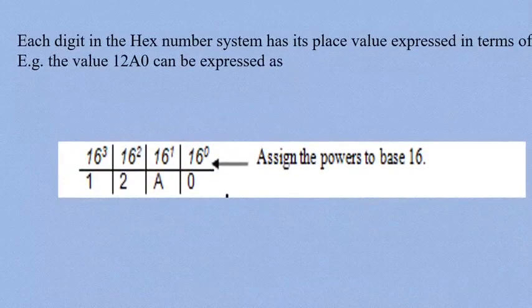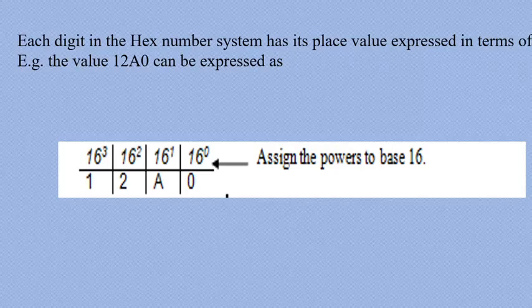For example, look at this. We want to represent 12A0. Each digit in the hex number system has its place value expressed in terms of 16. For example, the value 12A0 can be represented as follows. You assign the powers to be 16.